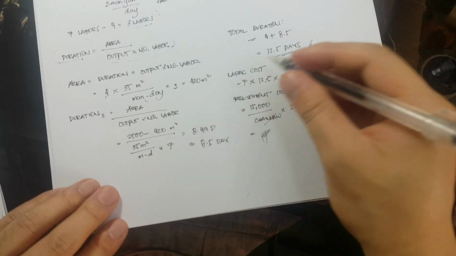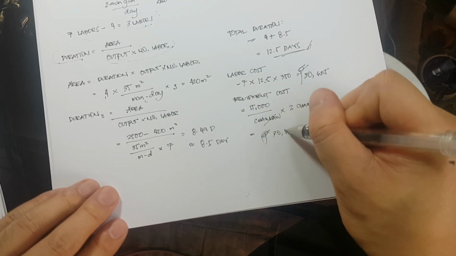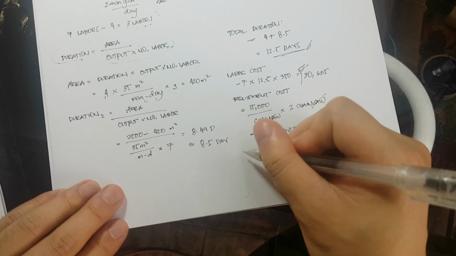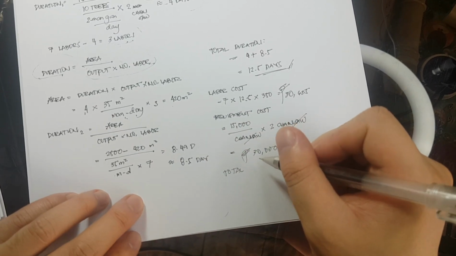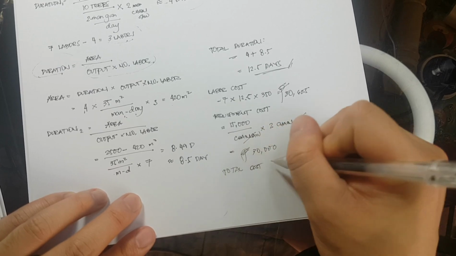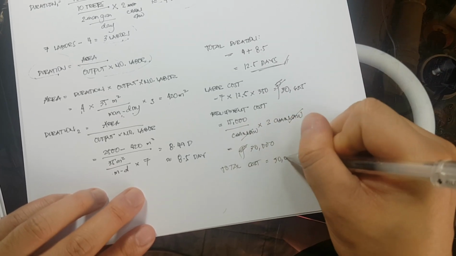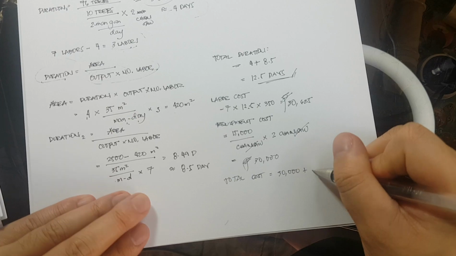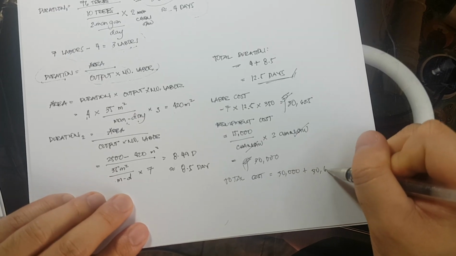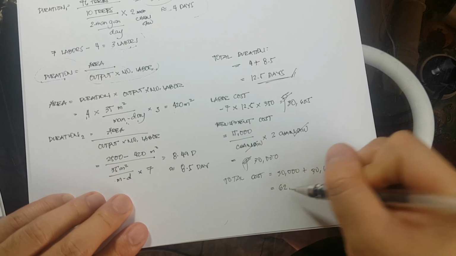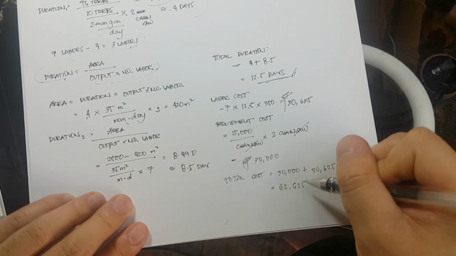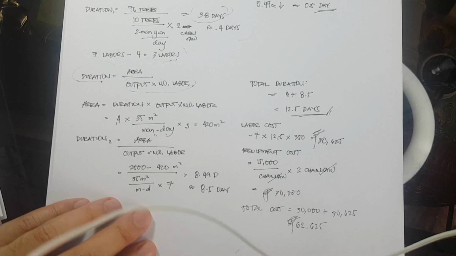Therefore, the total costing for equipment is 30,000. Therefore, the total cost is equivalent to 30,000 plus 30,625. Therefore, that is equivalent to 62,625 pesos. Okay?